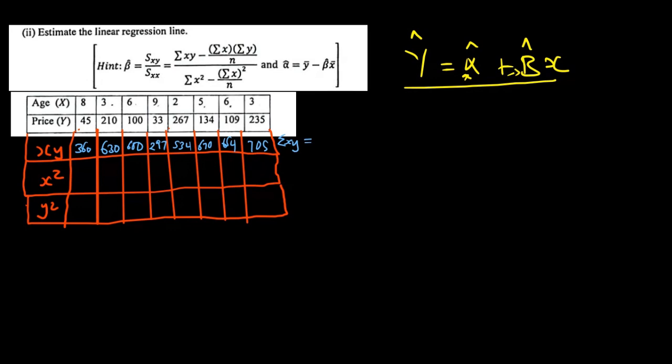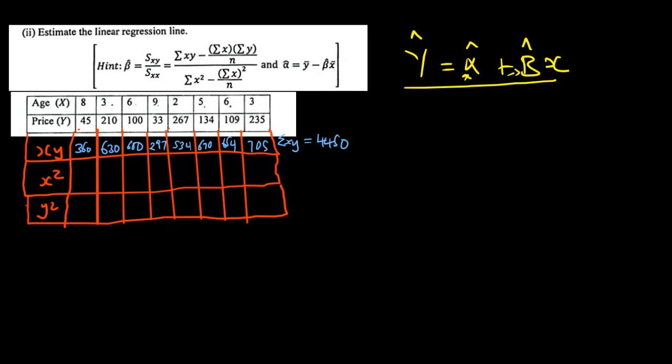So I'll start with 360 plus 630 plus 600 plus 297 plus 534 plus 670 plus 654 plus 705. When I add all that, I'm getting 450 as my summation of xy.